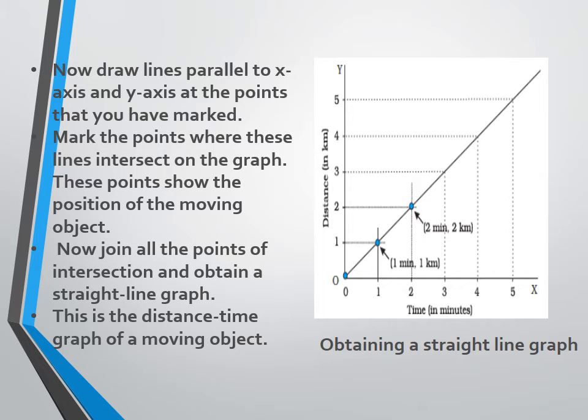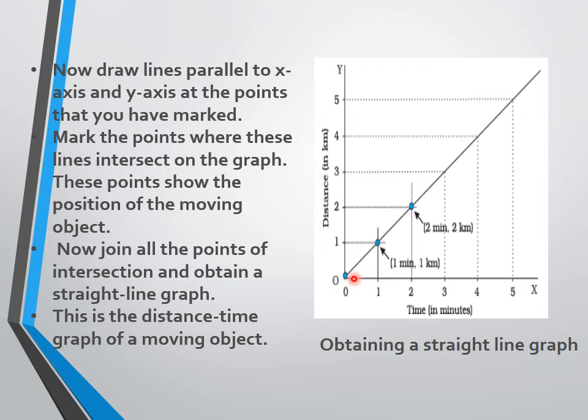After marking, when we coincide all the points, we get intersections on the graph. So we need to join all the points of intersection and we get a straight line graph. This shows the required distance time graph of the motion of a car.